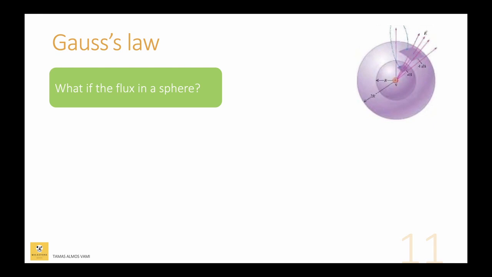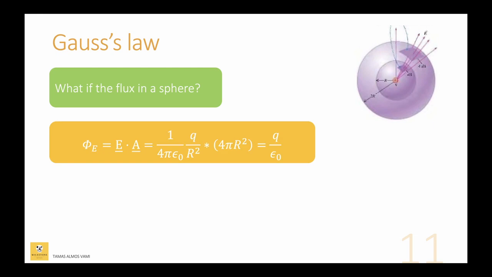What is the flux in a sphere is a question that we can ask now, and it's very educational to go in this direction. So we calculate the flux as the electric field and the area vector scalar multiplied with each other, which in this case, we know that the electric field created by a charge is a radial field, right?